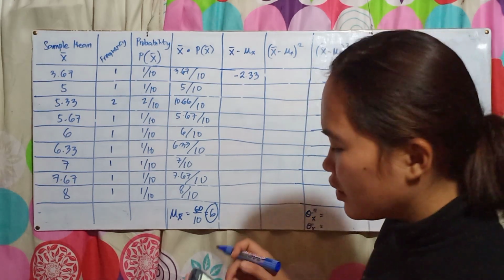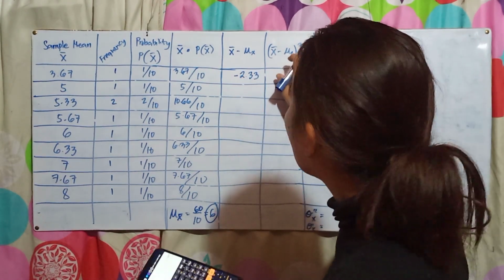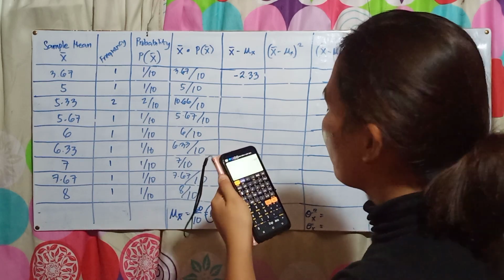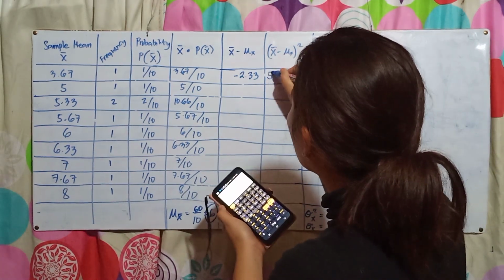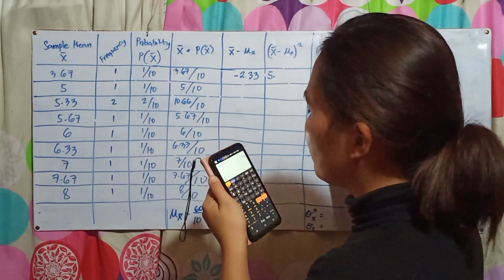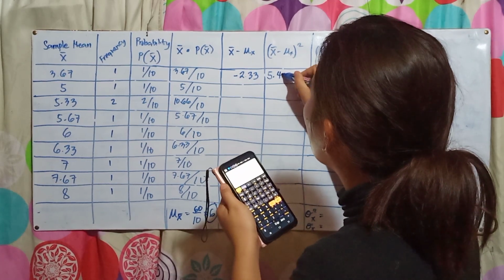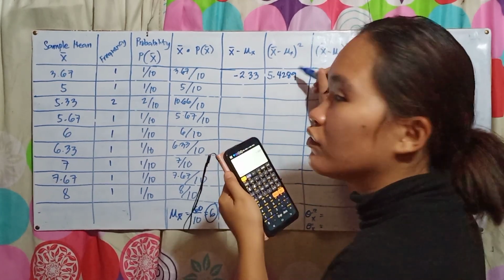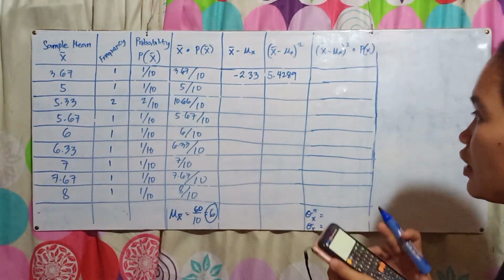Then squared: raise it to the power of 2 on the calculator. 5.428. Do not round off, copy everything, because this is not the final answer.